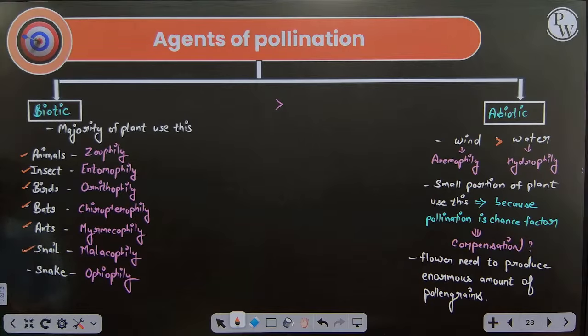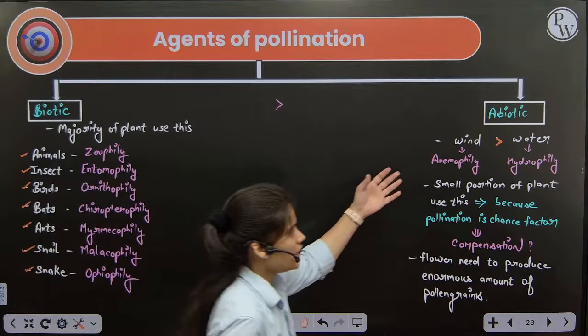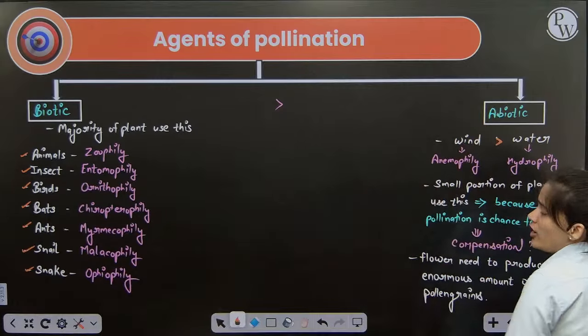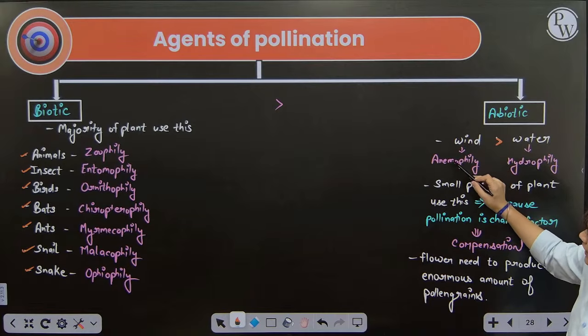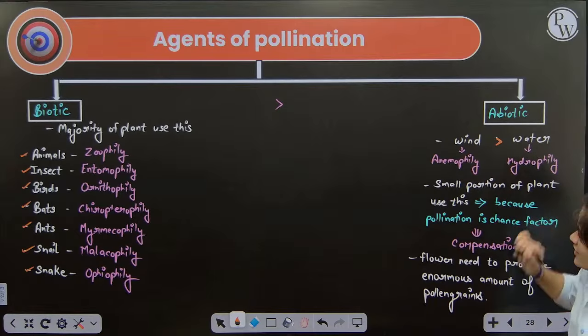If a snail is used as a biotic agent, that condition is known as malacophily. If a snake is used, that condition is known as ophiophily. If wind is used as an abiotic agent, and that is the most common agent, then it is anemophily. If water is used as an abiotic agent, that condition is known as hydrophily.